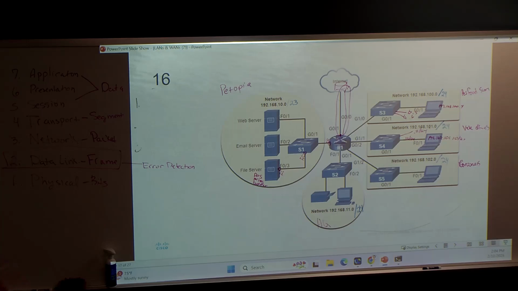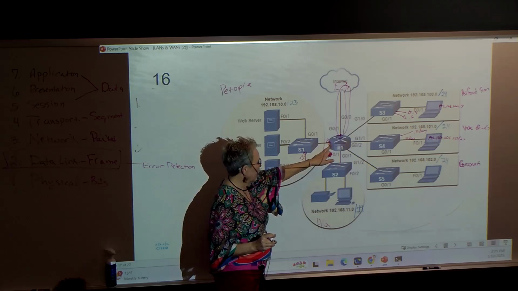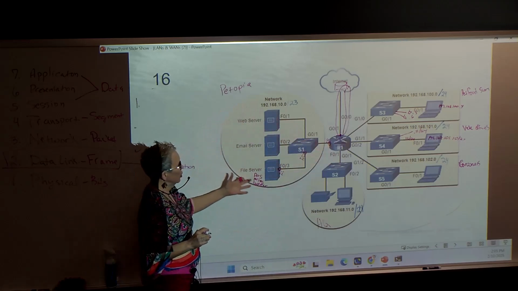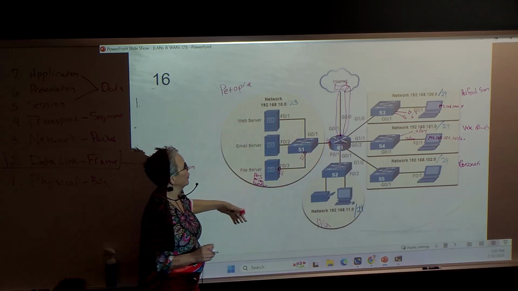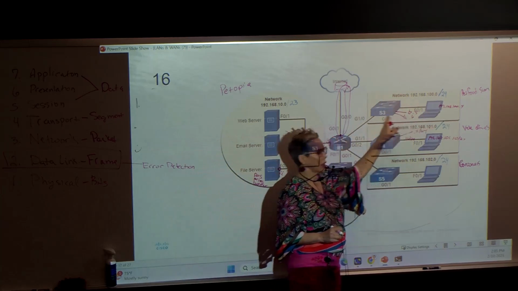Okay, now here's a distinction that I want to make. When you are doing a topology in this class and we ask you to circle the networks, okay, is the default gateway part of this network? Yes. Is this default gateway part of this network?